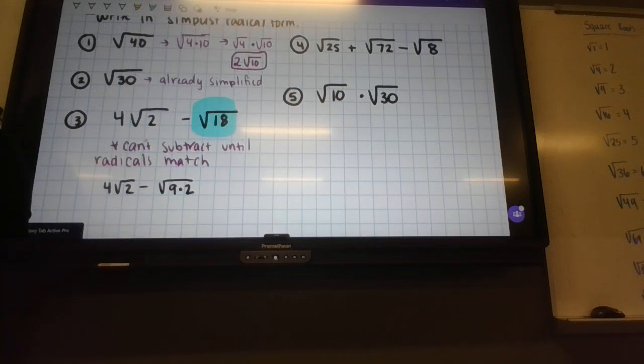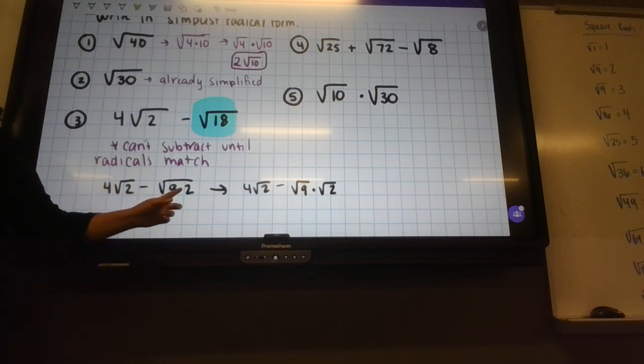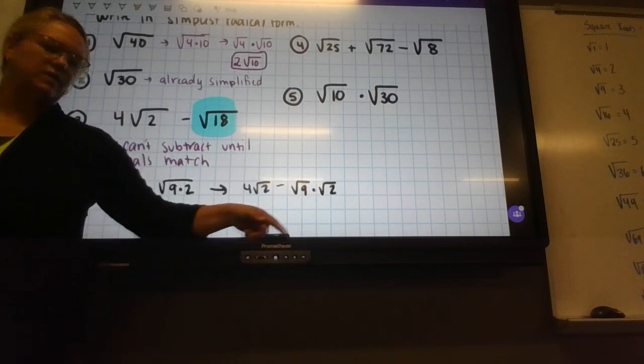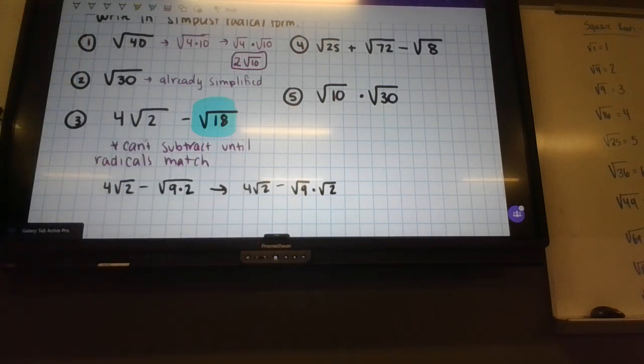And then I know we can separate those, the product property of radicals. So the square root of 9 times 2 is literally the square root of 9 times the square root of 2. And now I know the square root of 9 is 3. So that's 4 square root 2 minus 3 square root 2.